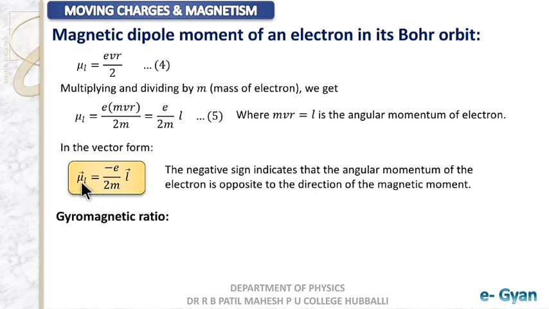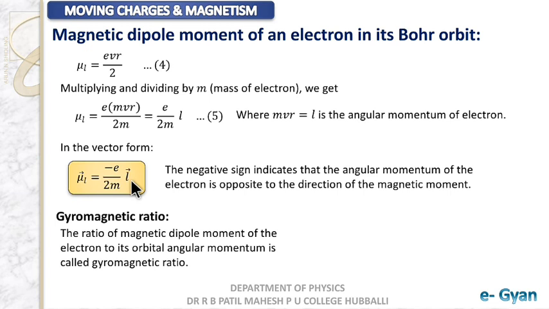The gyromagnetic ratio will be mu L divided by L, the ratio of the magnetic dipole moment of an electron to its orbital angular momentum. Let us take that ratio using this equation. I'll get it to be mu L divided by L is equal to e divided by 2m. So this is an important equation which gives us the gyromagnetic ratio of Bohr's orbit.